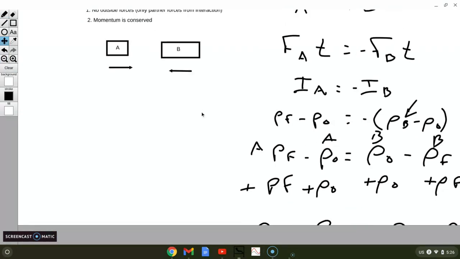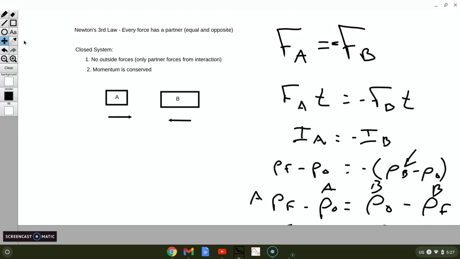So if we come back up here, there are three scenarios that happen from a closed system.